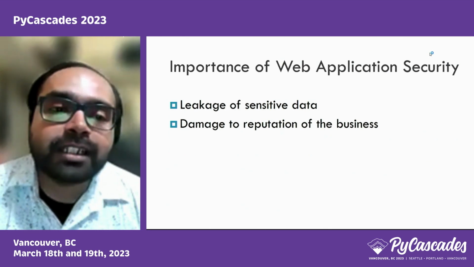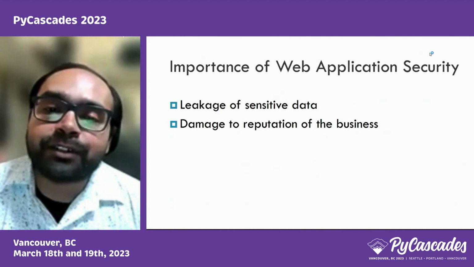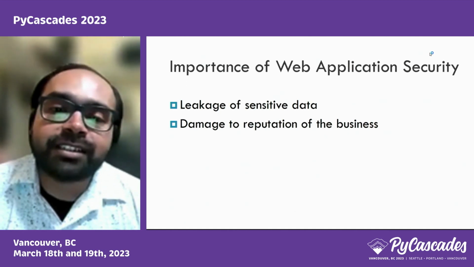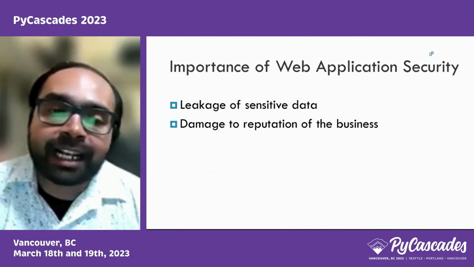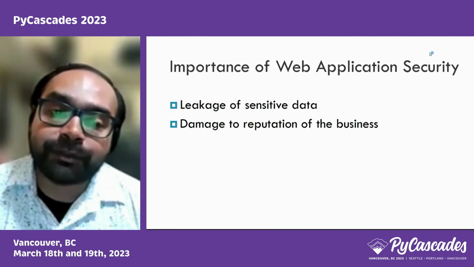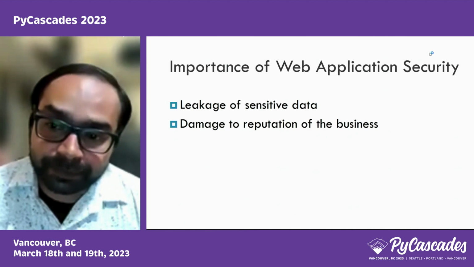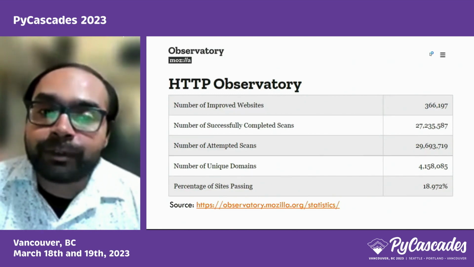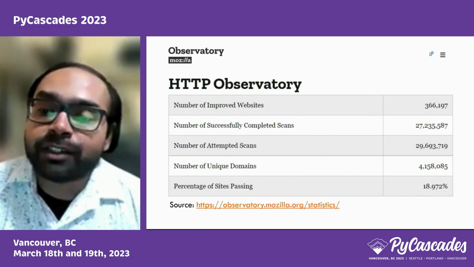So, importance of web application security. Web application security is very important because if you don't secure applications, then sensitive data will be leaked and it will actually damage your applications. It will also cause damage to the reputation of the business. You can go through the statistics mentioned on this site.